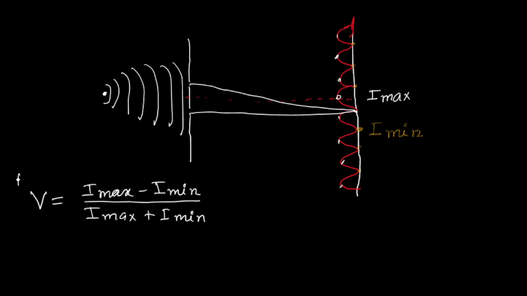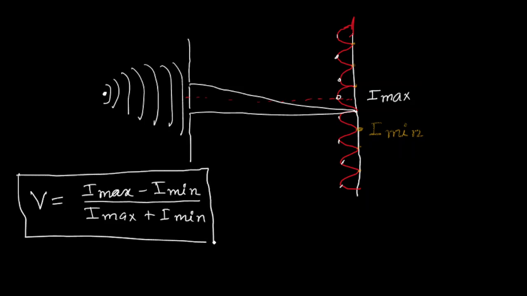Okay, so these definitions we are going to use to solve this problem. This is the simple experimental setup of the Young double slit experiment. This is the source of light, and this light will pass through these two pinholes.